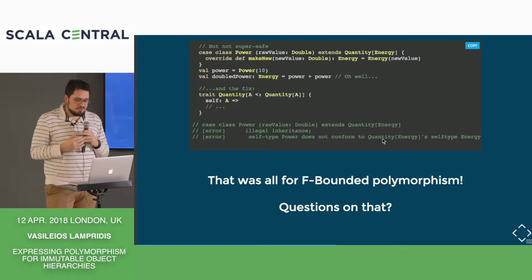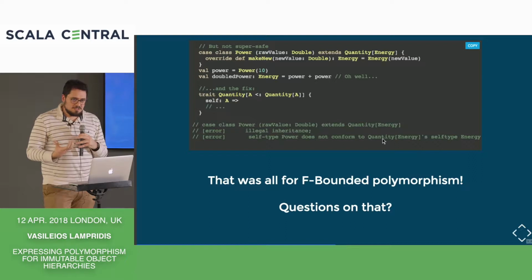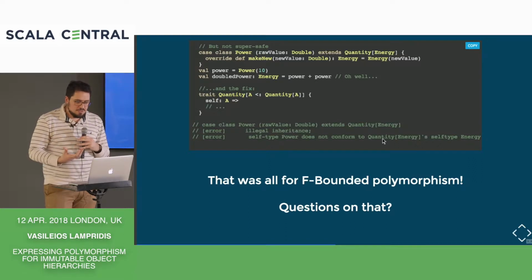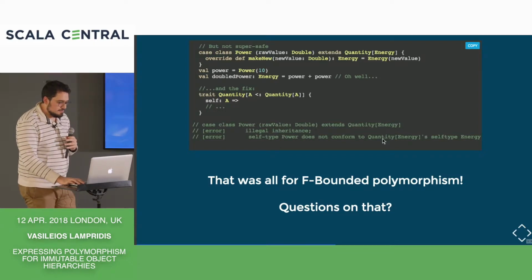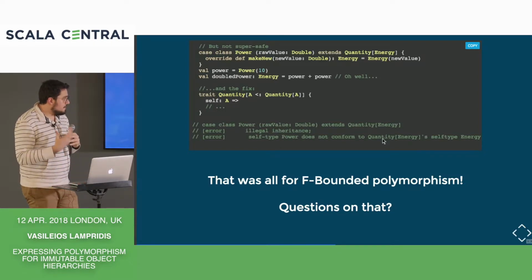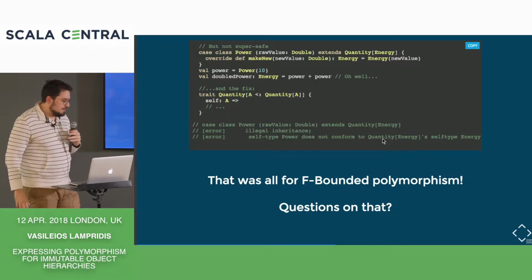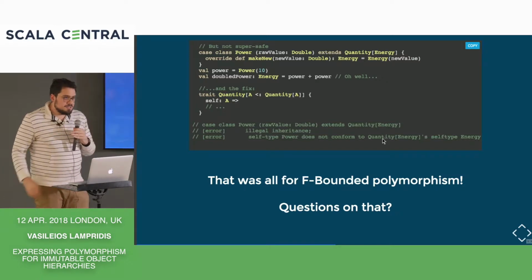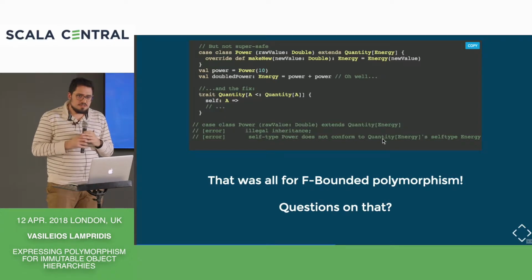So we now have completely tied the knot: we have all the type information, and also it's quite hard to make a wrong definition. And that is pretty much the story of the first part of the talk, which is F-bounded polymorphism. Any questions on that side before I move on to the next?